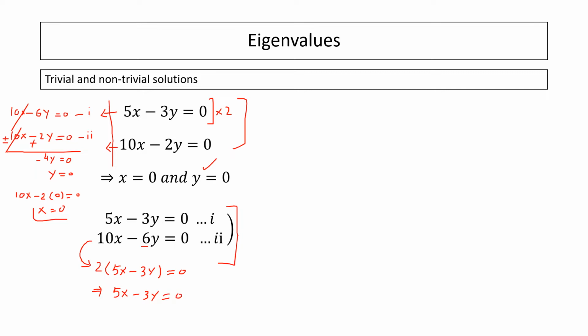So see, the second equation gives us this, which is similar to the first equation. So it means that technically we are dealing with one equation. They are two equations, but we are dealing with one equation at the moment.